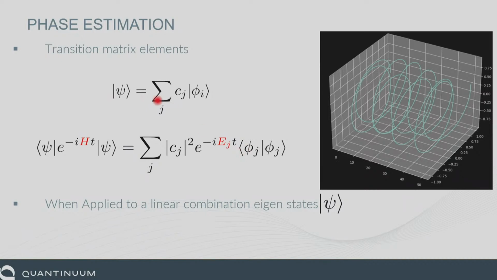With a linear combination of eigenstates, we get weightings of the competing phases for the different eigenstates. That results in this messy spiral with all these different phases, and the weightings of each eigenstate. This is how I think about phase estimation. It's a really nice physical way of doing it.